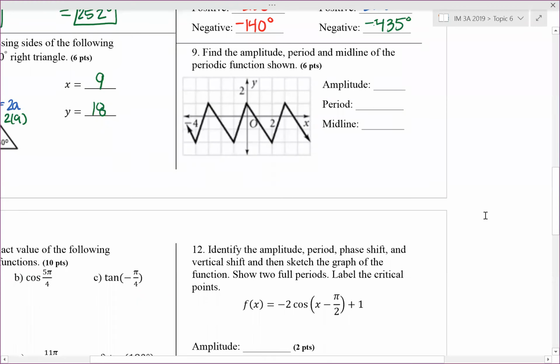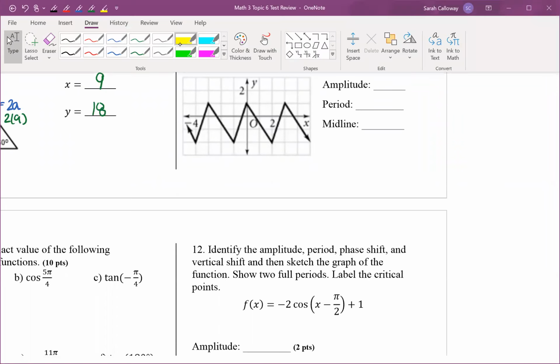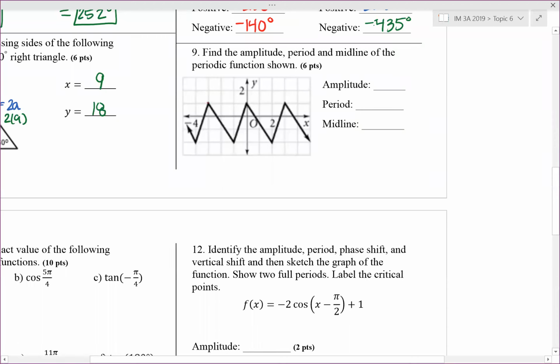And so it's helpful to find the midline first and then find the amplitude. So if I start with looking at the midline, our maximum value is 1, and the minimum value is negative 2.